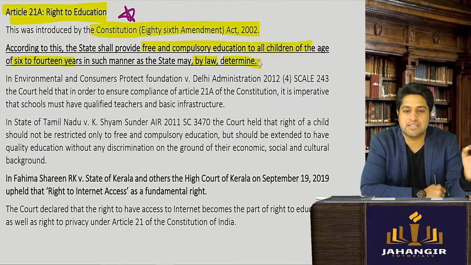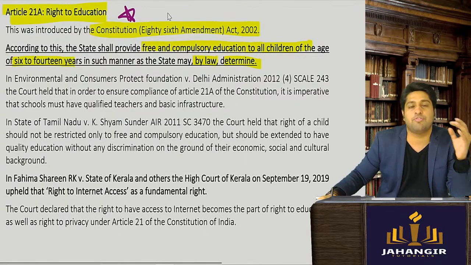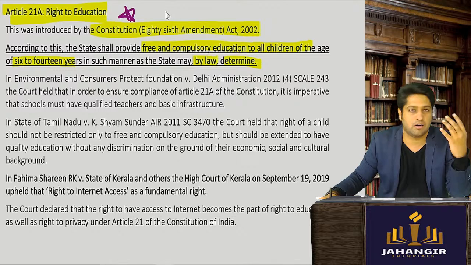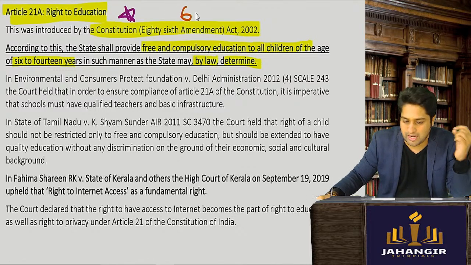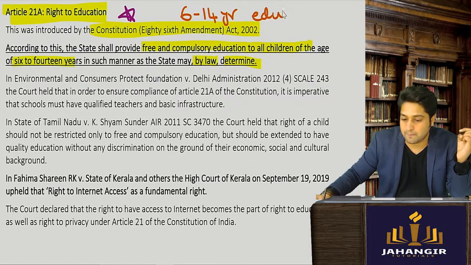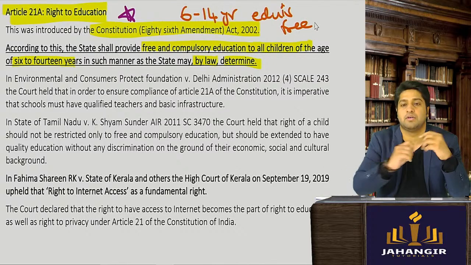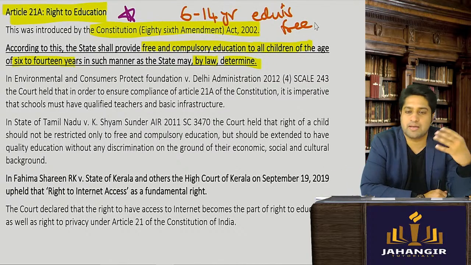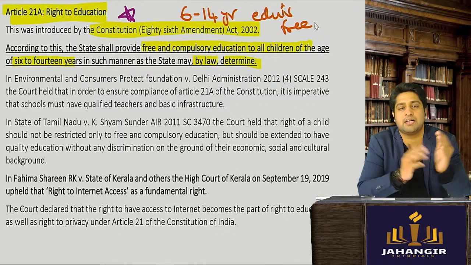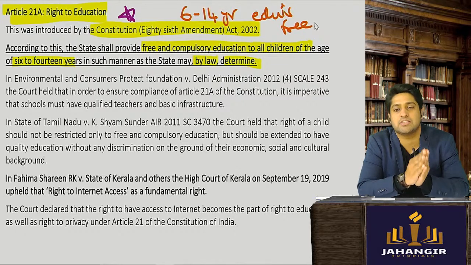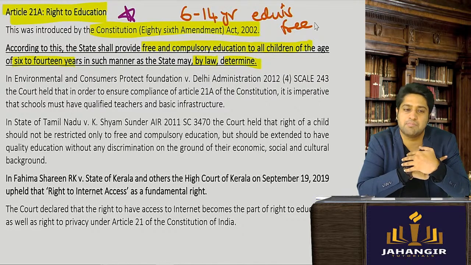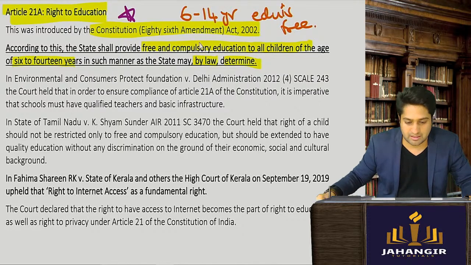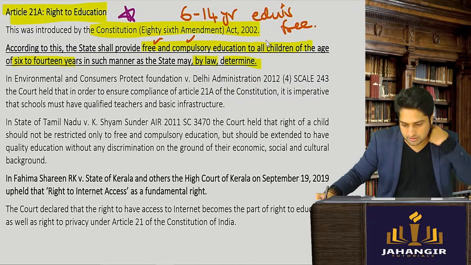So it is the duty of every person to ensure that his child is educated, and up to 14 years education is free. Obviously putting them in private schools is different, but free and compulsory education is for all children.